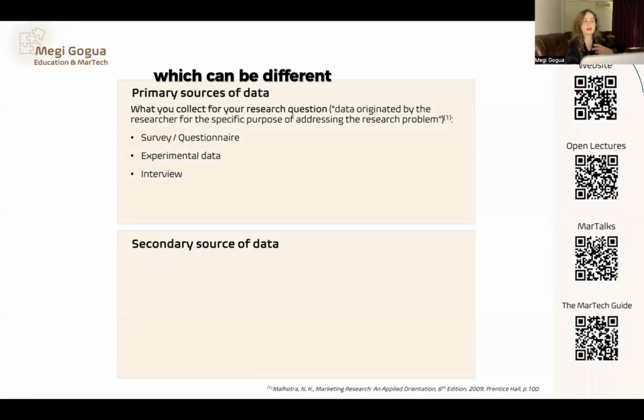Interviews, which can be structured or otherwise, online, offline, by phone, or in written form. These interviews are designed specifically to answer the question that you have.